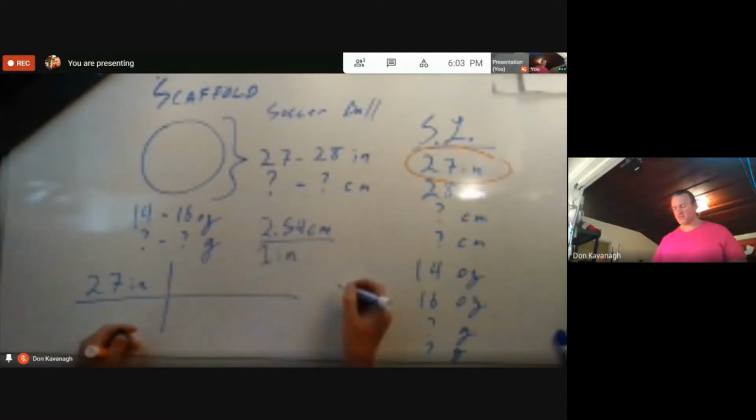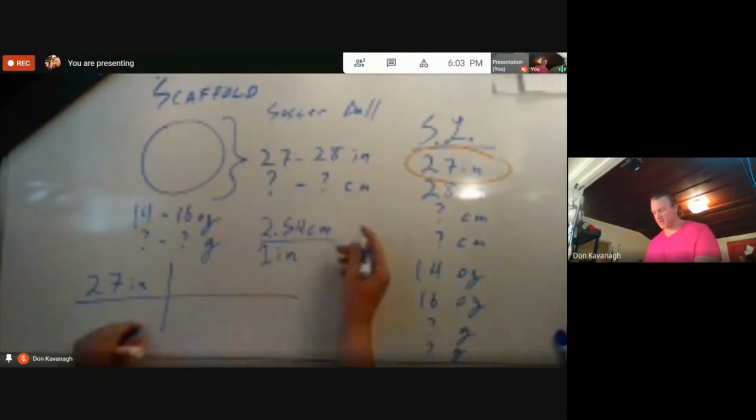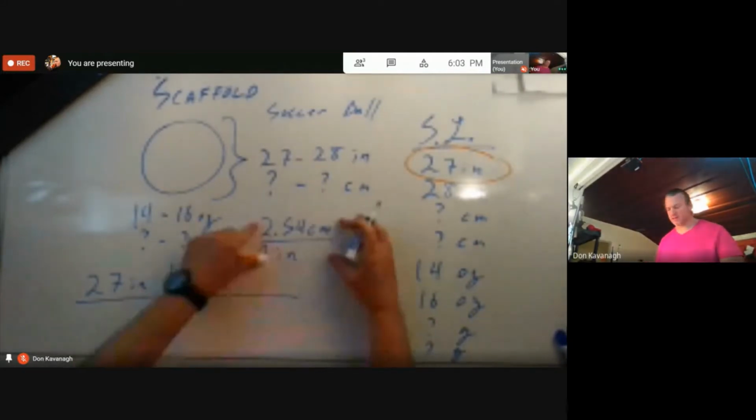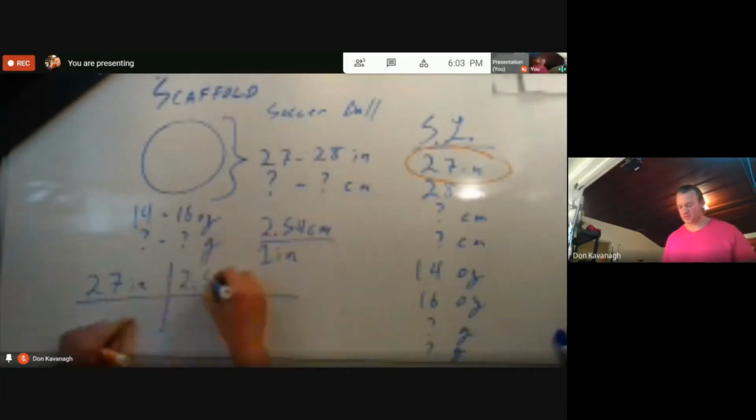So this conversion here, I can use it like this or flip it, but I need to make sure that however it goes in here, a unit cancels. So I'm just going to pick this up as is and lay it down inside of my scaffold: 2.54 centimeters divided by 1 inch.